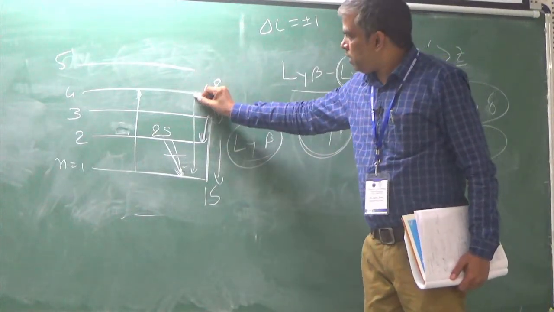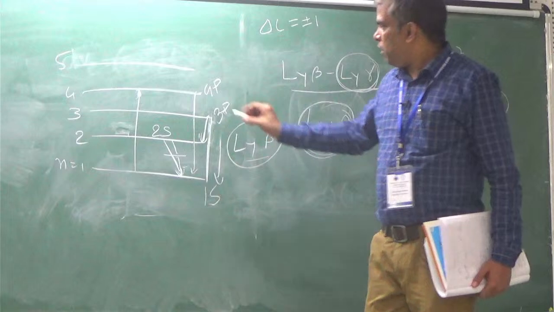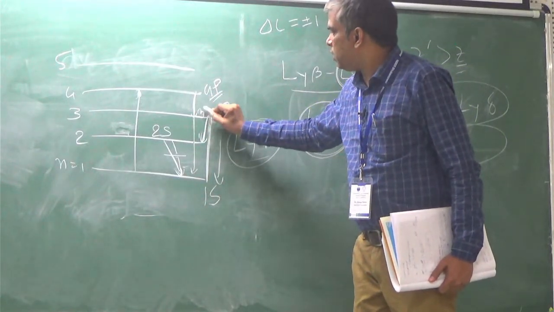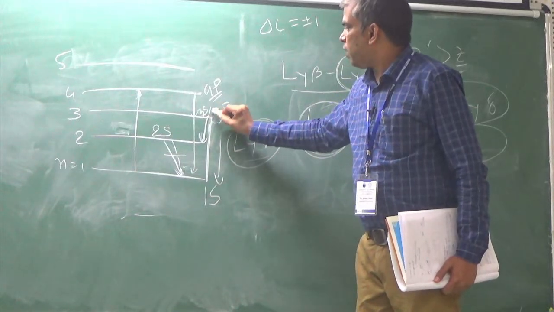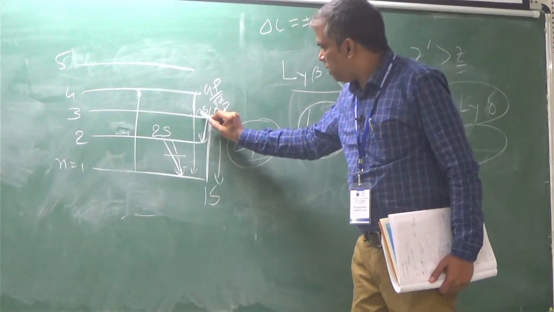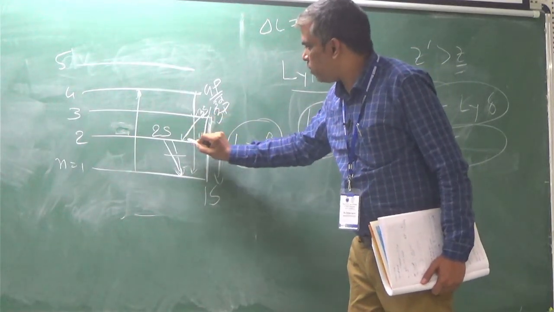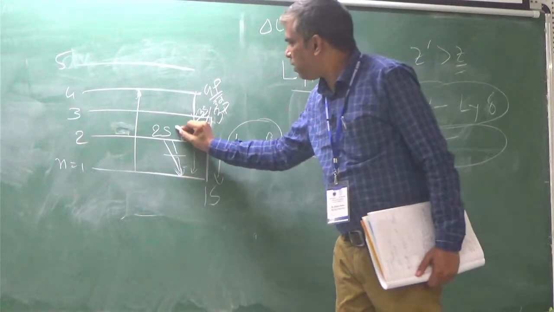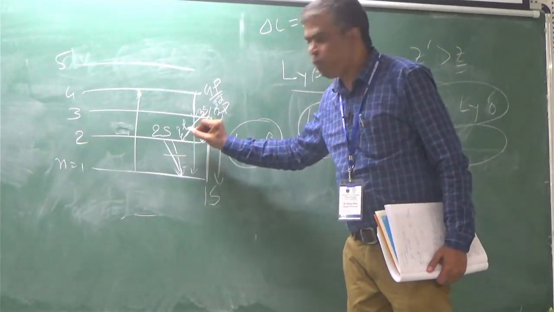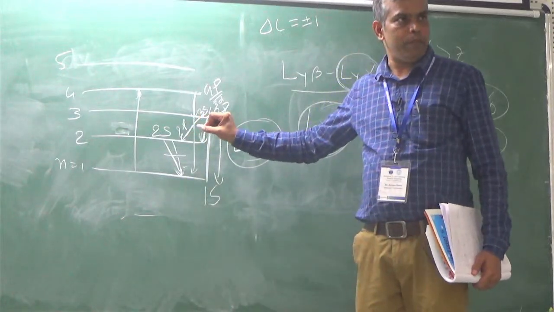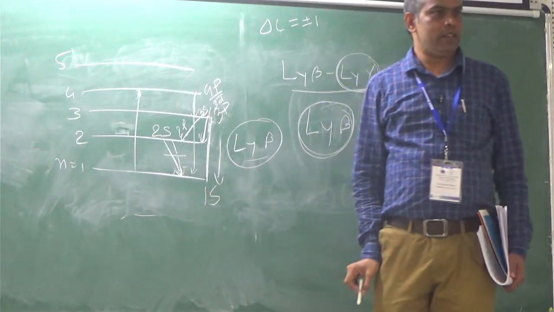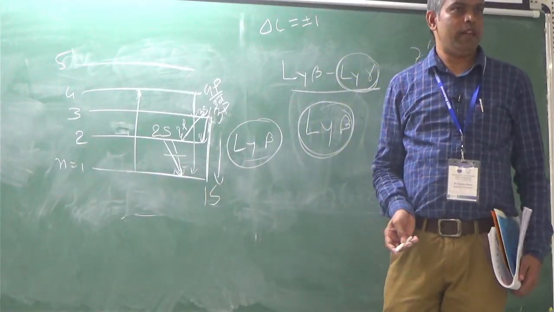Second possibility is that it can cascade down. Now this 4p state can cascade down to basically 3s state and 3d state, right? And 3s state can cascade down to 2p state. Right, now this photon actually can contribute. Once it is in 2p state, it can come down to 1s state, which is a highly probable transition.